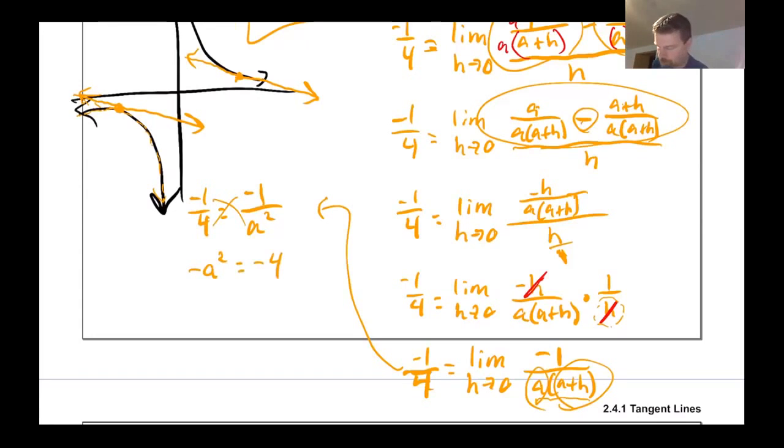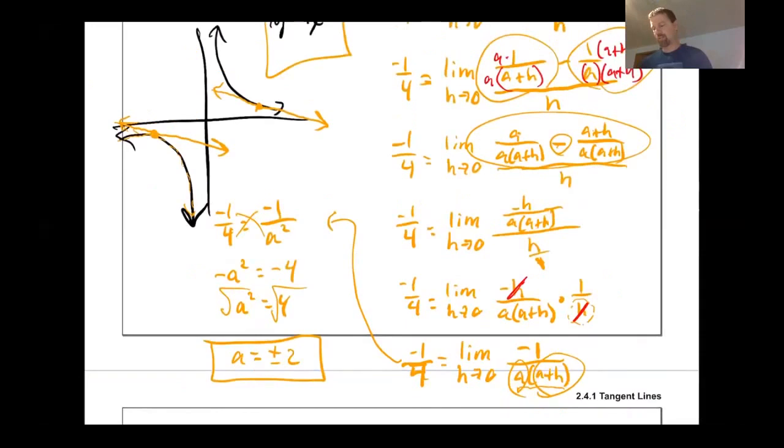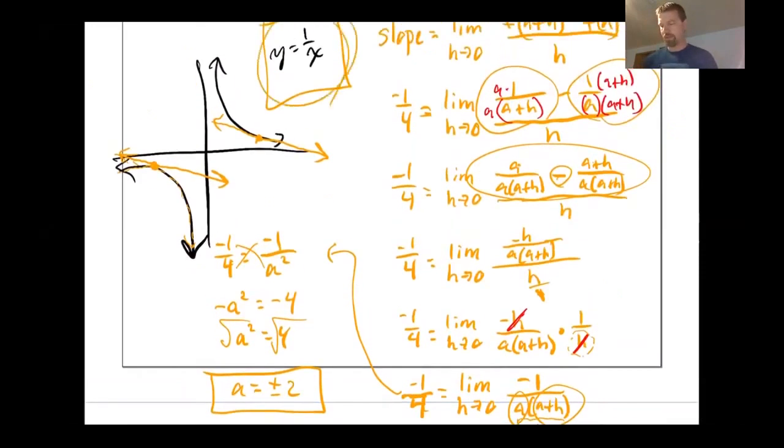Multiply both sides by negative 1, a squared equals 4. Take the root of both sides, and a would be not just 2, but a plus or minus 2. So it turns out that my equation, y equals 1 over x, is going to have a slope of negative 1/4 in 2 places. One when x is equal to 2, and one when x is equal to negative 2.